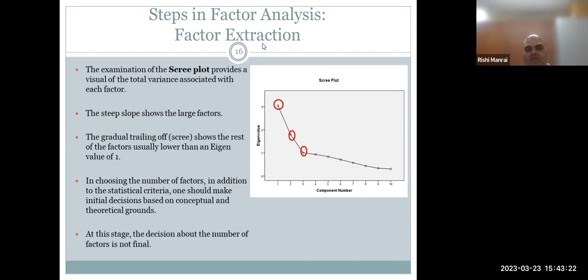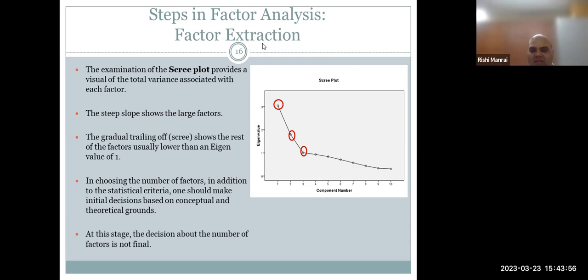We have already discussed in the previous slide sample adequacy, the identity matrix, the Bartlett's test of sphericity, the KMO test, etc. If those minimum conditions are not satisfied, the researcher will not get a proper scree plot. The scree plot will not have more than 1 factor, so it will all be a gradual line, which is called the scree.